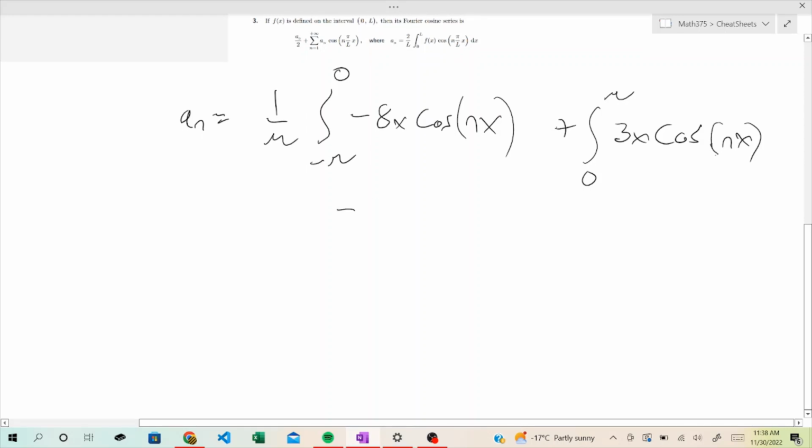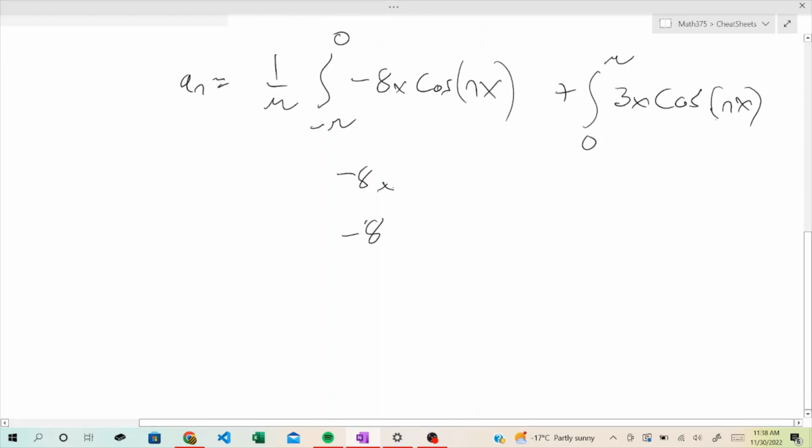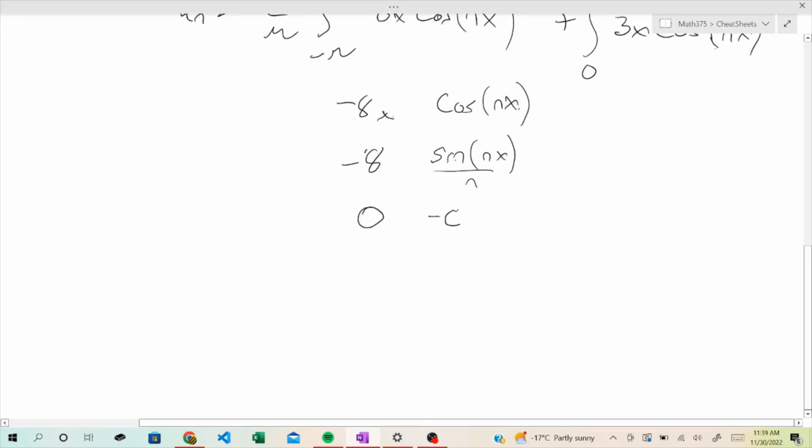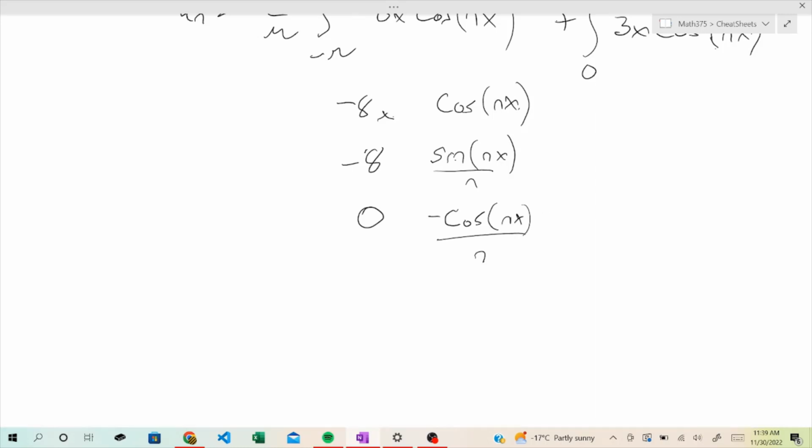So doing tabular integration, I'm going to find 8, 0, cosine nx, sine nx over n, and negative cosine nx over n squared.